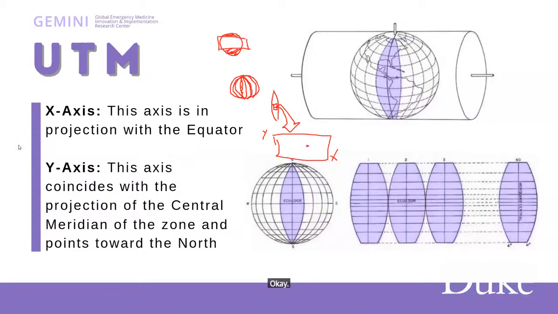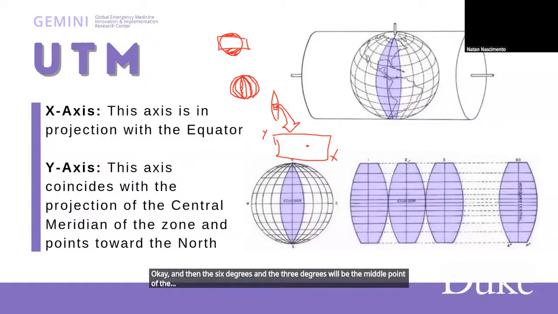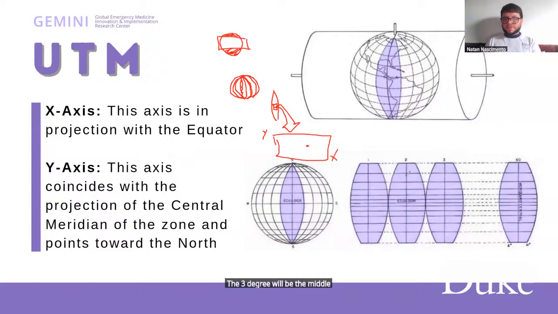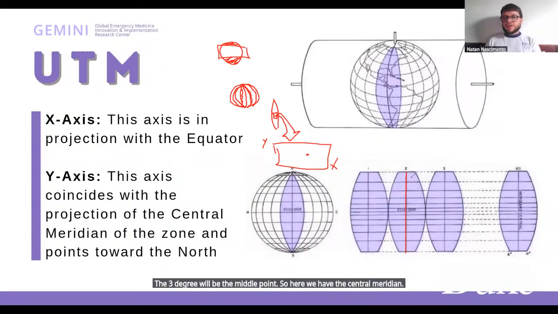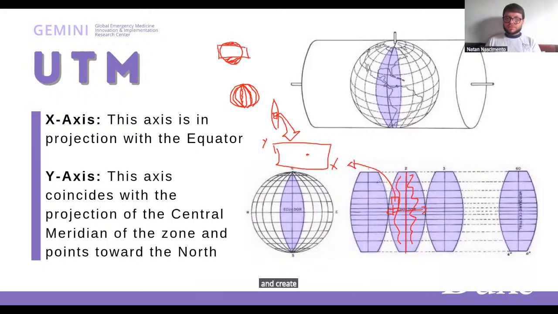And then the 6 degrees and the 3 degrees: the 3 degree will be the middle point. So here we have the central meridian, and then we have here 3 degrees, and here 3 degrees, from here to here. And in these 3 degrees, we can take any part of it and create this flat surface. That's what UTM does. Makes sense.